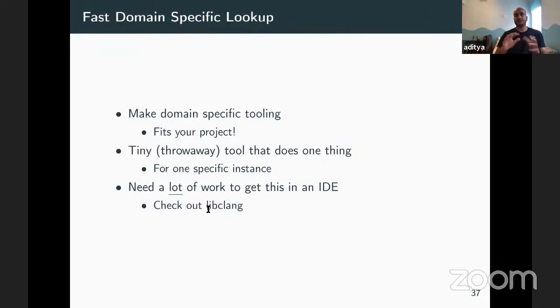If you've heard of Clang, Clang is a C++ compiler. Libclang is the C wrapper around that compiler that provides completion information and allows you to parse C++ code, and allows you to plug all that stuff into an IDE. It provides this tooling for you. But it's huge and it's complicated, and it took a team of people a long time to make it.